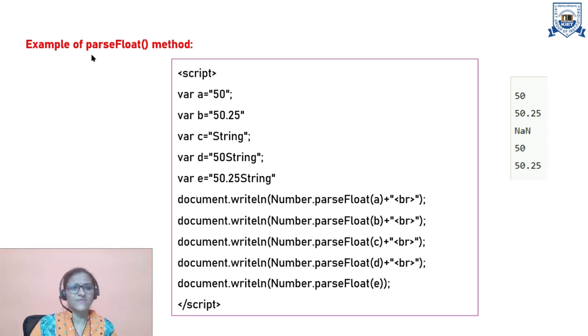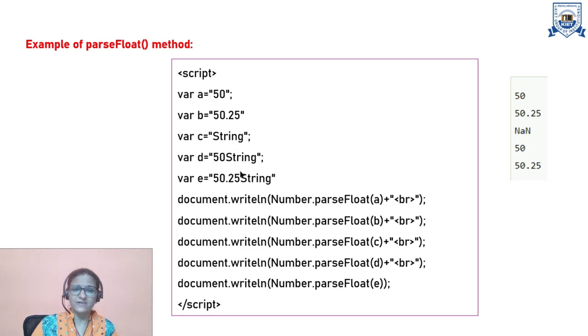Now with the help of this parseFloat, it will convert into floating point. So for a, 50, Number.parseFloat(a), it will keep it 50. For b, 50.25, it will parse it, it will retrieve its floating value. For c, equal to string, it is saying it is not a number, NaN.